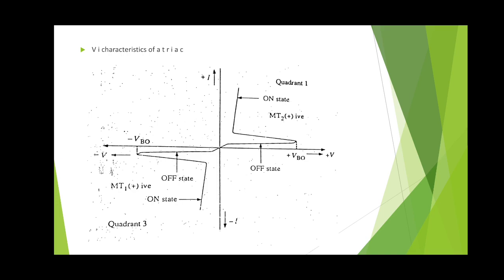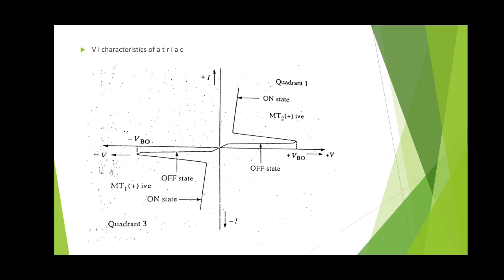Like the SCR, TRIAC also starts conducting only when the breakover voltage is reached. Before the breakover voltage is reached, a very small leakage current flows through the device, but the device will remain in the off state.